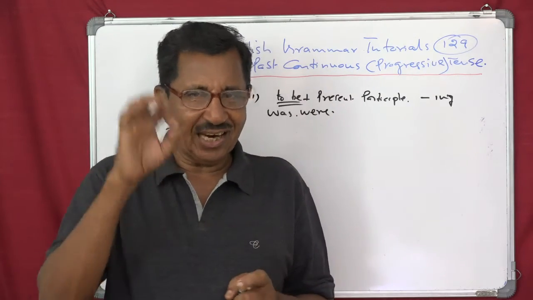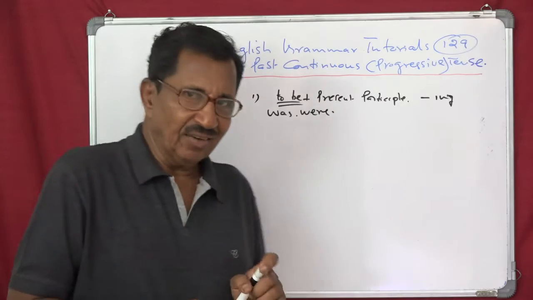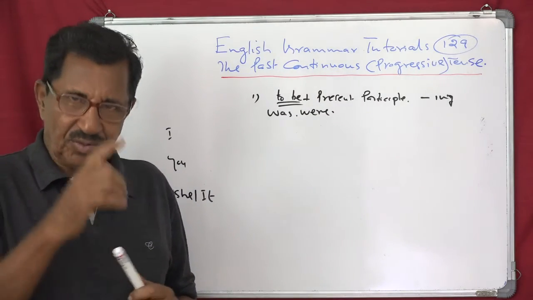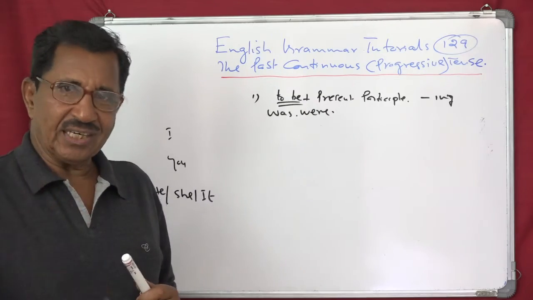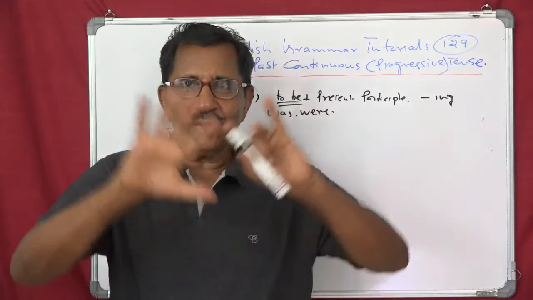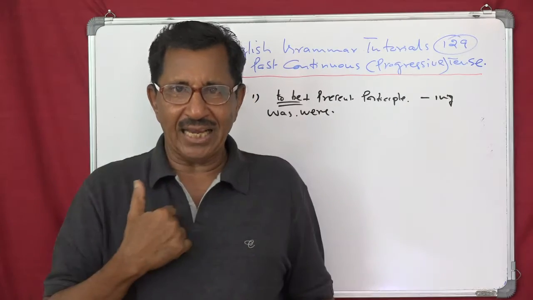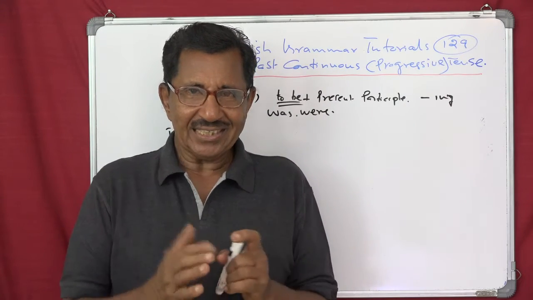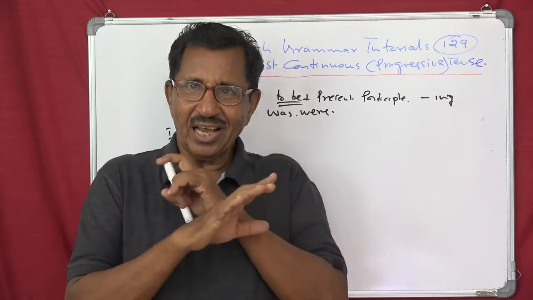I think you got that idea already. We have done that when we were discussing the present continuous tense. Please go through those lectures if you have any doubt. But I say the definition is all those things which are not I and you, and also we.